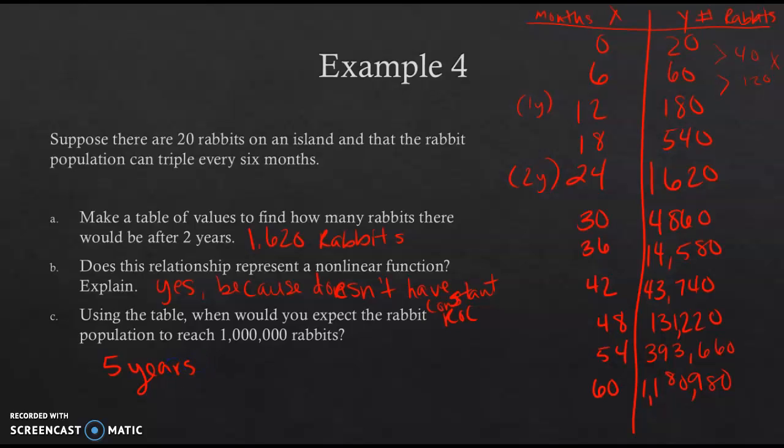Really it takes a little less than 5 years, but approximately 5 years is when we would reach the 1 million rabbit mark. And that's how to use a table to estimate nonlinear function values. So until next time, guys.